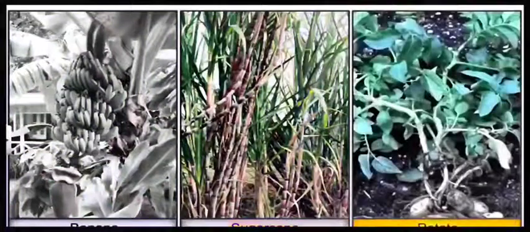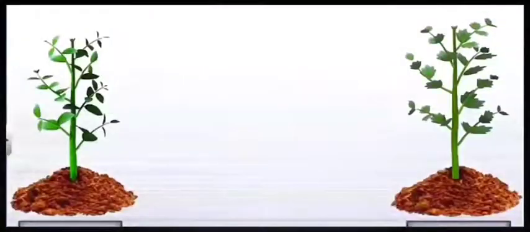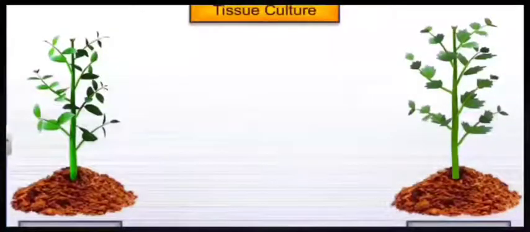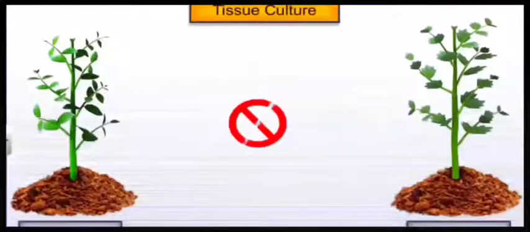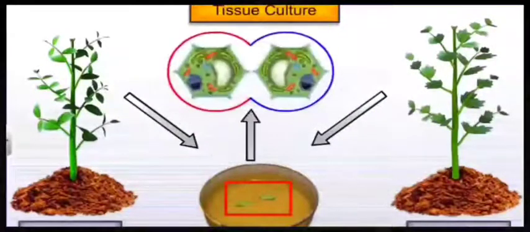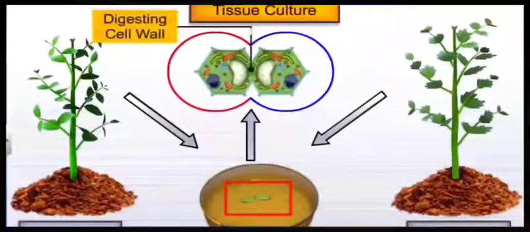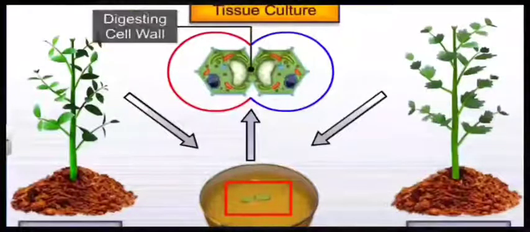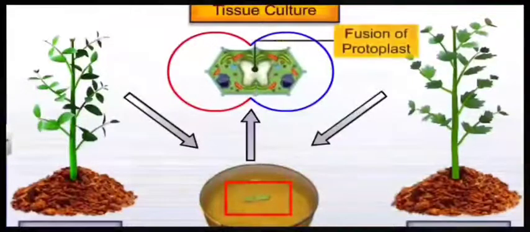Now, apart from tissue culture, we can go for another method called somatic hybridization, where two different species of plants can be propagated by culturing them. Only their protoplasts are fused in the culture medium by using a chemical called PEG, polyethylene glycol, which dissolves their cell wall, and the protoplasts fuse, forming a hybrid protoplast.